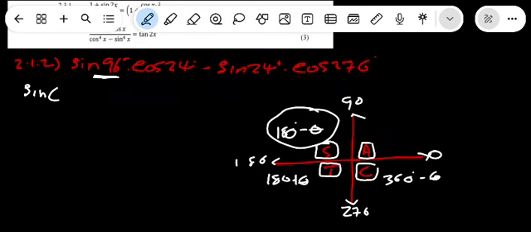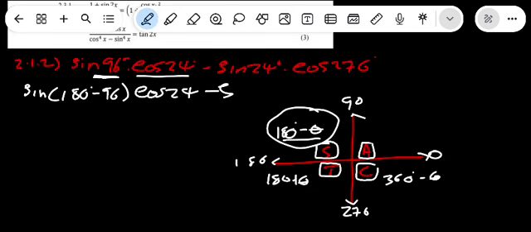Our definition on the second quadrant is 180 degrees minus the angle, which is 96. Since 24 is less than 90, you just write it as it is, there's no need to reduce it. Cos 24 is also less than 90, so you write it as it is. This one is greater than 90, so we have to reduce it.